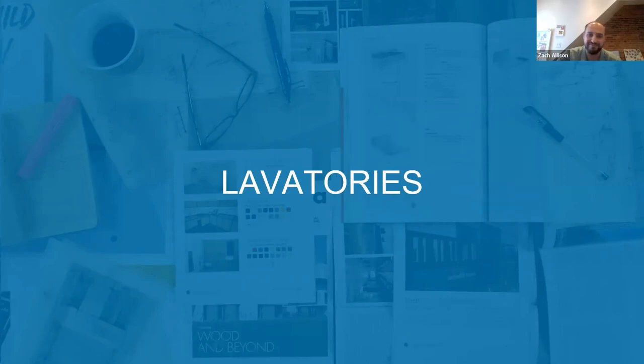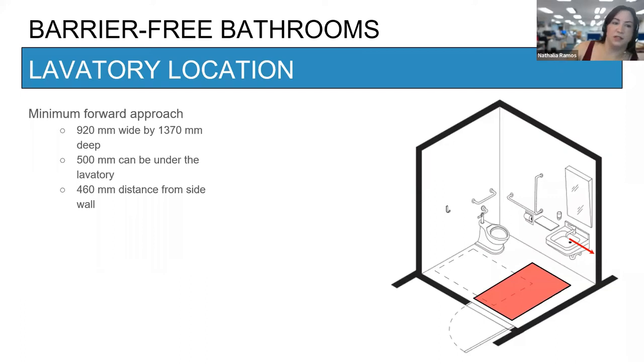Thanks. So, moving to lavatories. Now it gets really technical, so bear with me. The minimum approach you need is 920 millimeters wide by 1370 deep, and 500 of this 1370 can be under the lavatory.